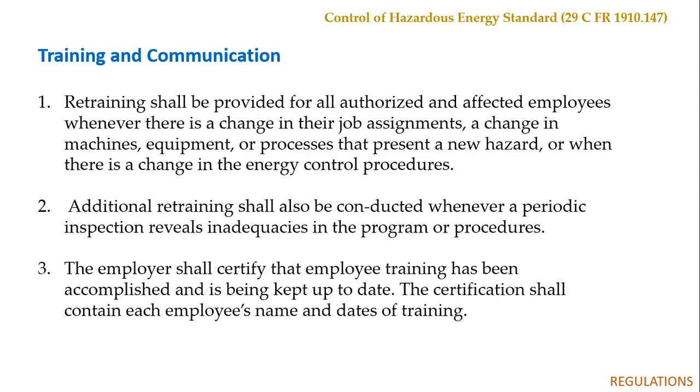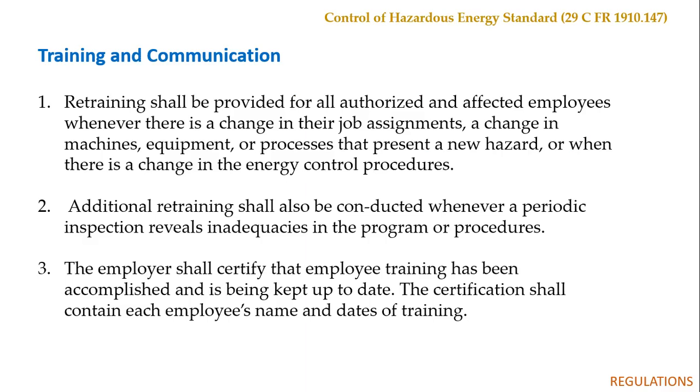The retraining shall be provided for all authorized and affected employees whenever there is a change in the job assignment, a change in the machine, equipment, or processes that presents a new hazard, or when there is a change in the energy control procedures. So basically, management of change should be addressed, and additional retraining shall be conducted whenever a periodic inspection reveals inadequacies in the program or procedures.